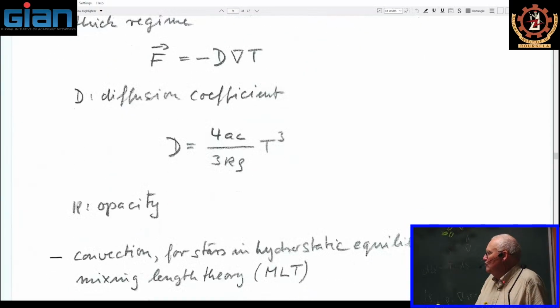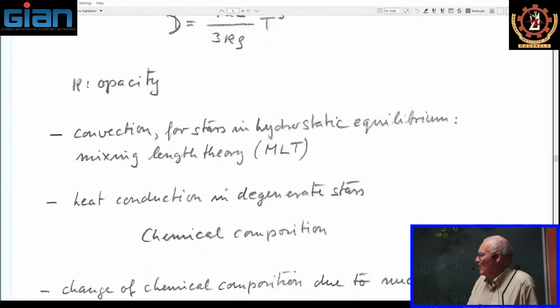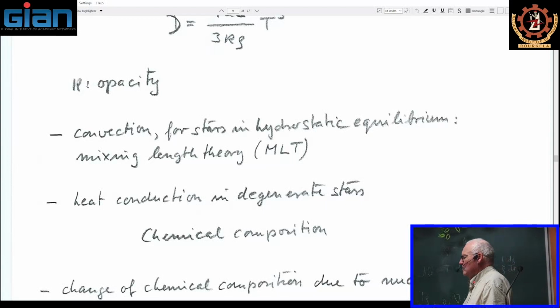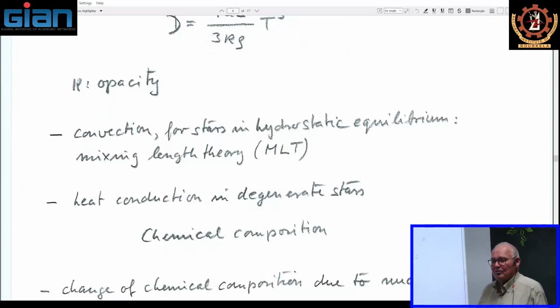Well, diffusion is not the only way energy is transported in a star. You may meet this situation also in the Earth's atmosphere. Sometimes you can see it once the weather is nice.